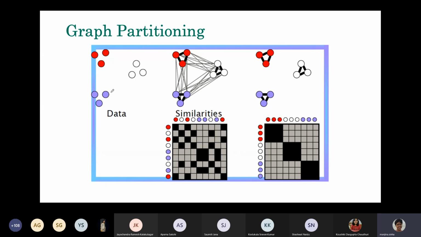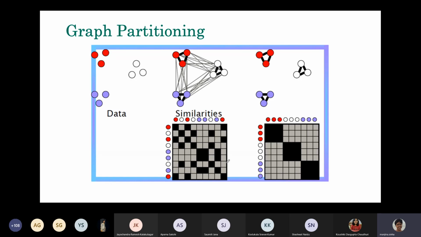Say we have a set of data points. Based on similarities, we make a graph on this set of data points. As you can see, this bold line is based on their similarity or closeness or distance, however you define it.